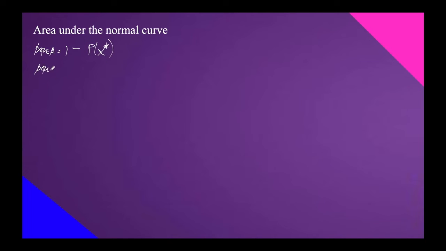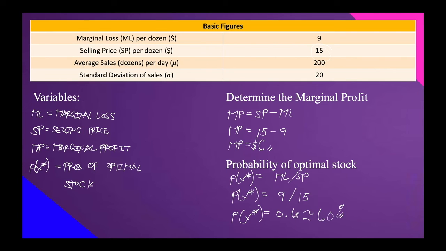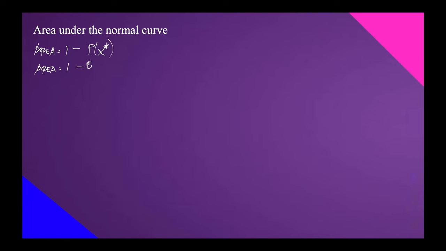So area equals 1 minus, ano yung na-compute natin? 0.6. So let's have here 0.6. 1 minus 0.6, basically, that is 0.4. So ito yung area under the normal curve or 40%. Now, next step is to find the corresponding z value. So z, 0.4. Ano kaya ang value nito?